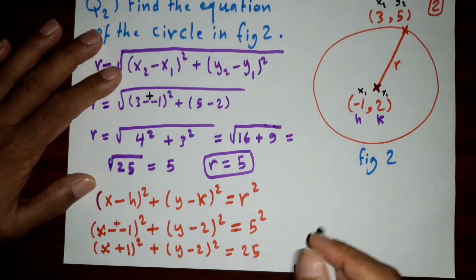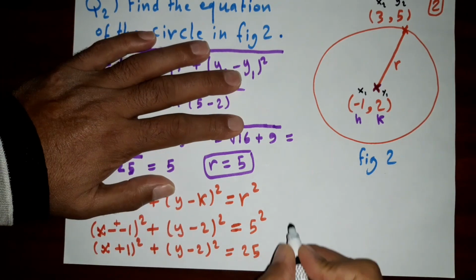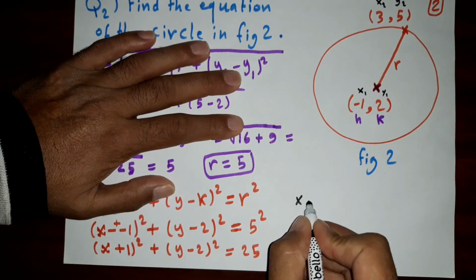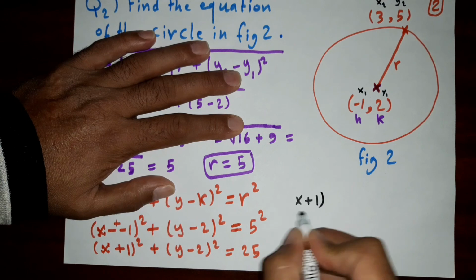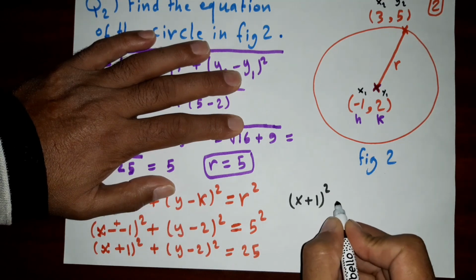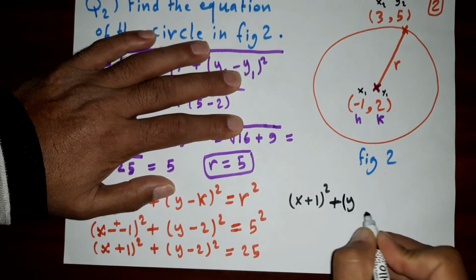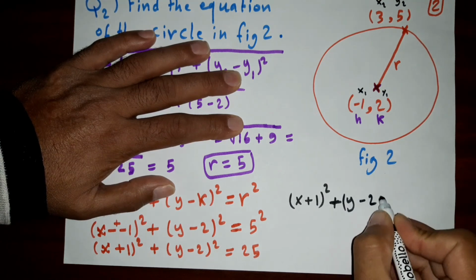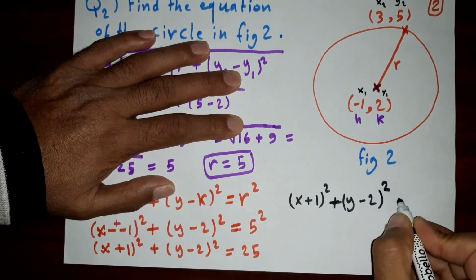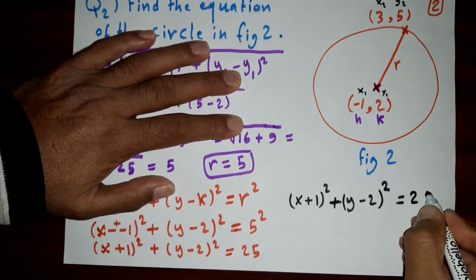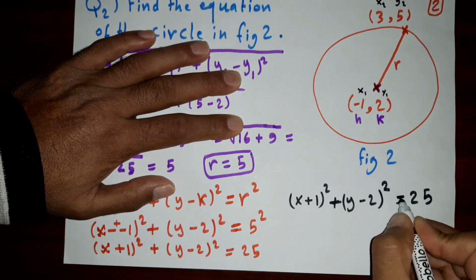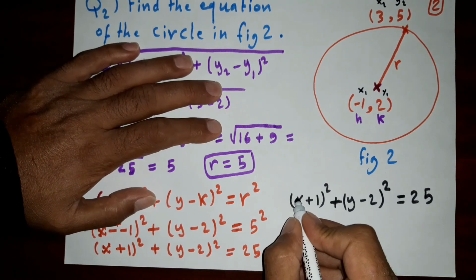Write them here. X plus 1 all squared plus y minus 2 all squared equal 25. And this is the answer.